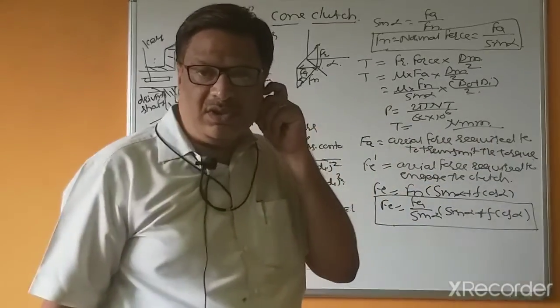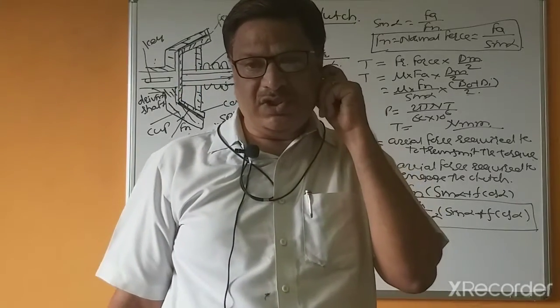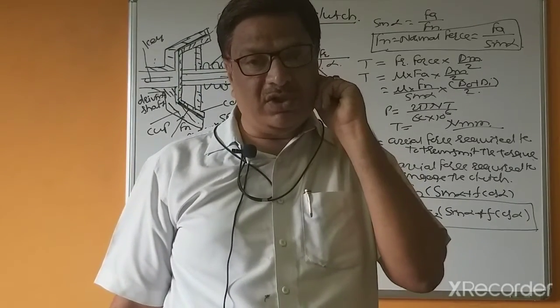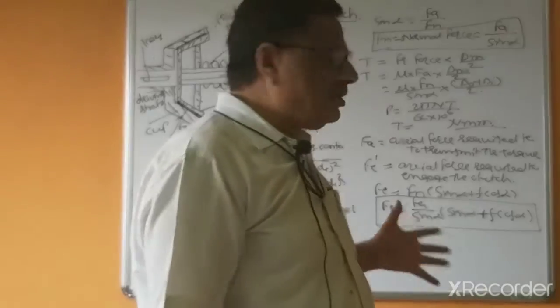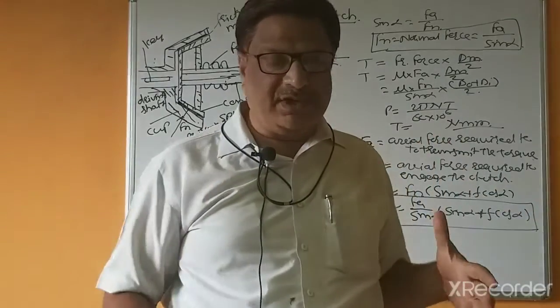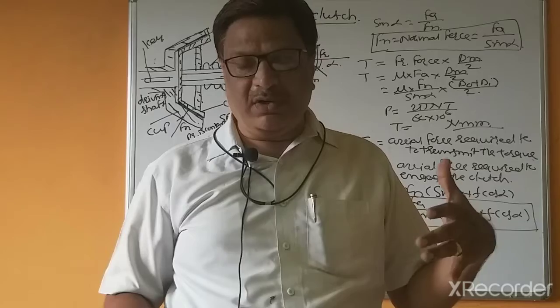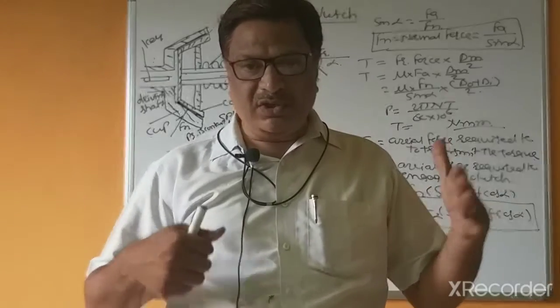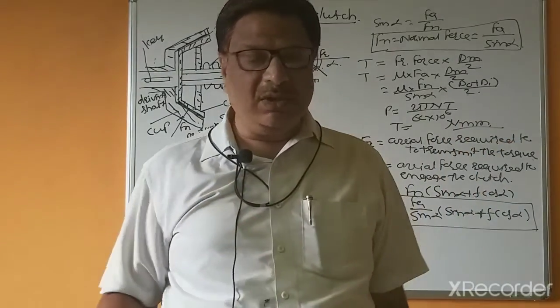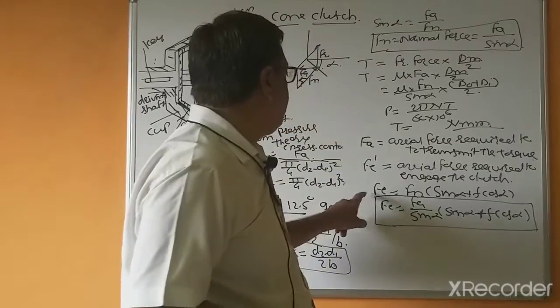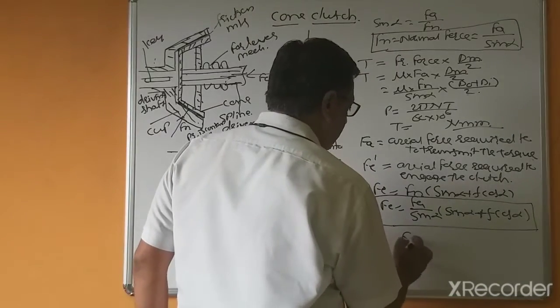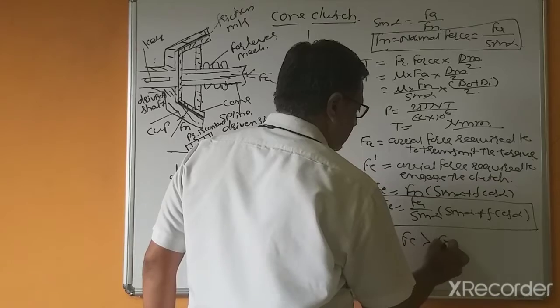This is essential, and force is required because during the running conditions, because of the speed, the power to be transmitted is held at the same position. So the force required for engagement is greater than Fa.